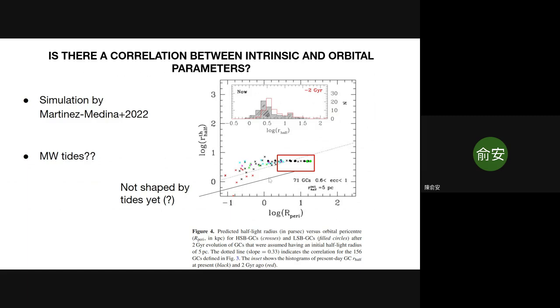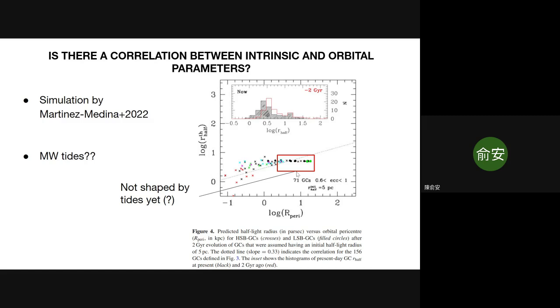But at least they mention for these objects, those that have higher eccentricities or larger radius, because it is only 2 gigayears, the number of orbits is lower, so they haven't had chances to be affected by the tidal effects as much as other objects.